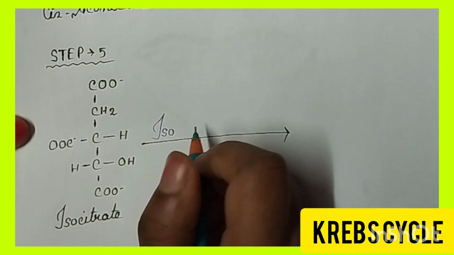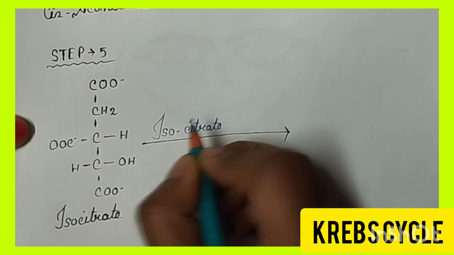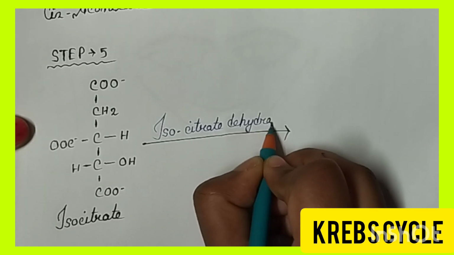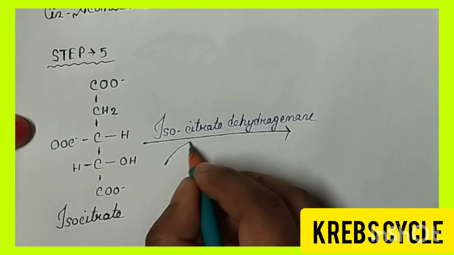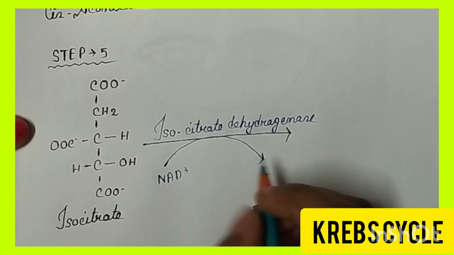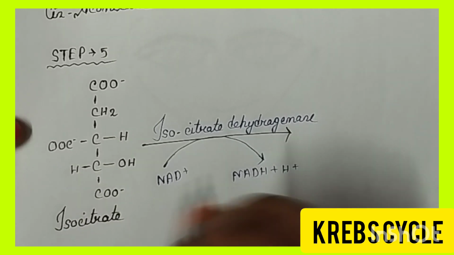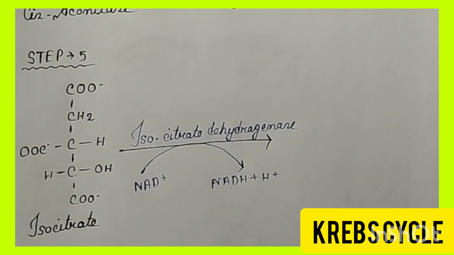This enzyme not only oxidizes isocitrate but also decarboxylates it. In these reactions, NAD plus enters and produces NADH plus H plus.